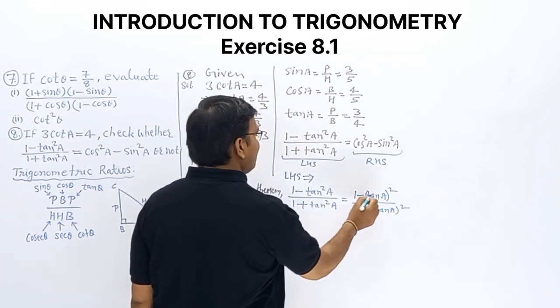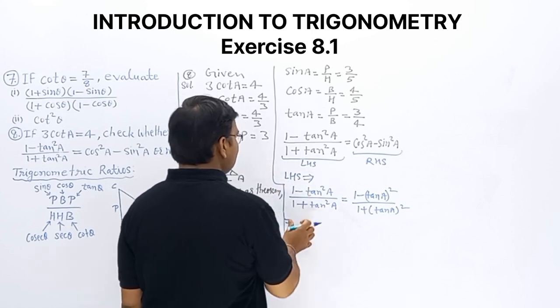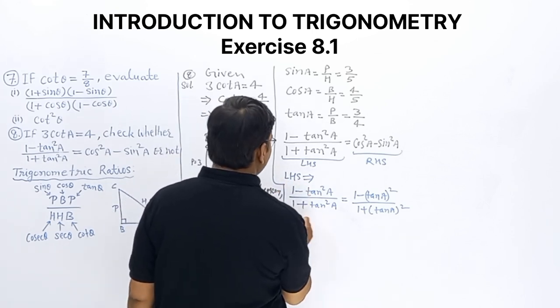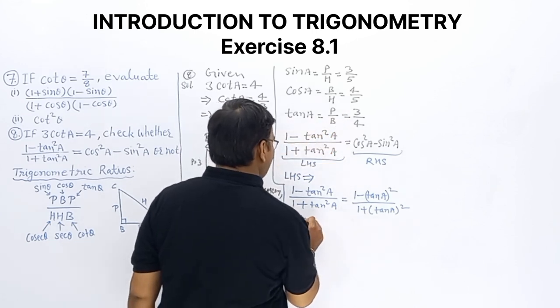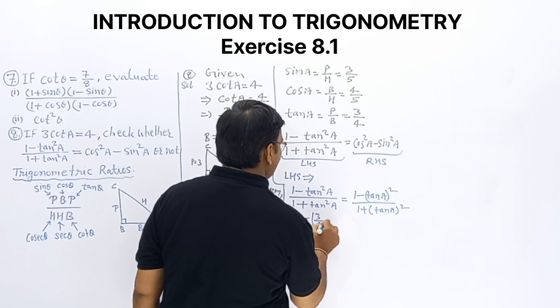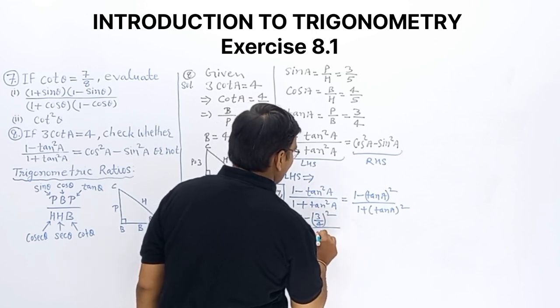Clear? Put the value of tangent A. Tangent A is 3 upon 4. So we can say 1 minus (3 upon 4) square upon 1 plus (3 upon 4) square.